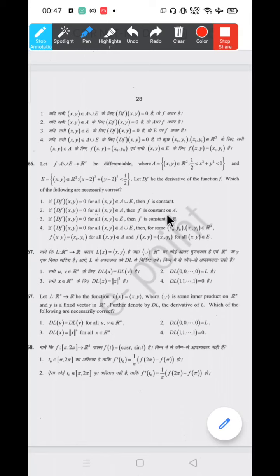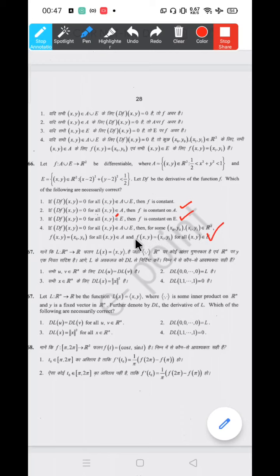So what is this? This is okay if it is on A, because A, can you see that this is actually complete? If it is on E, then also it is okay. But if it is on the union, then that will be a problem. What this is saying, derivative will be 0 for all x, y. Then for some it will be 0, and for some it will be x1. Yeah, this is true.